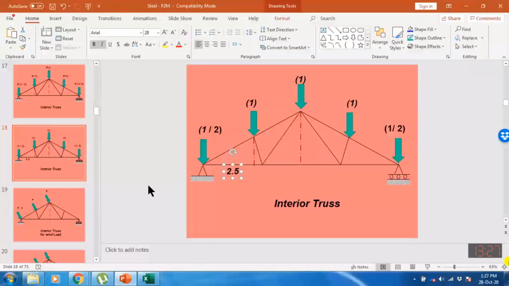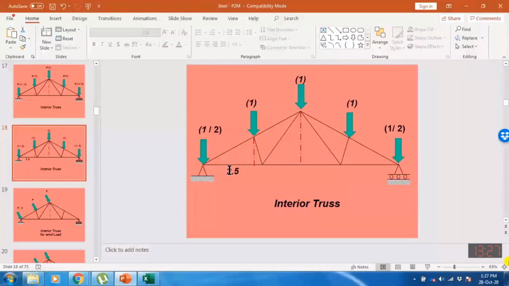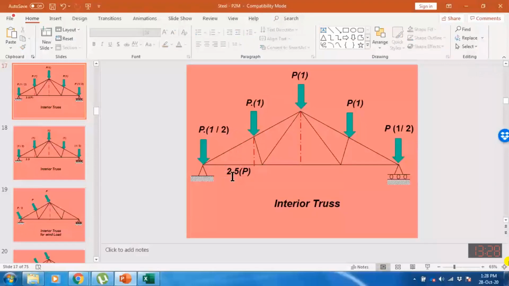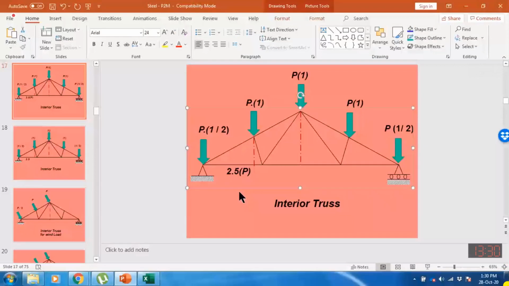So that will be the same as if I had analyzed this force as a P. If I analyze this force as a P, then the force in this member will be 2.5 multiplied by P. So if I have analyzed this truss for a load of 1 and I know the reaction in this member due to the force 1, and I know the panel load, I can simply multiply the reaction in any member with the panel load, and I will have the corresponding reaction.